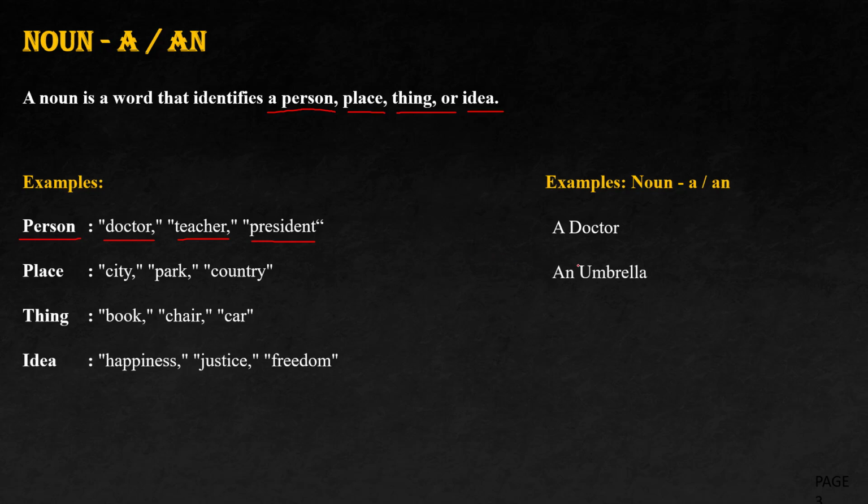With an: an umbrella, an orange, an apple, an egg. So these are the examples of nouns with the usage of a and an.